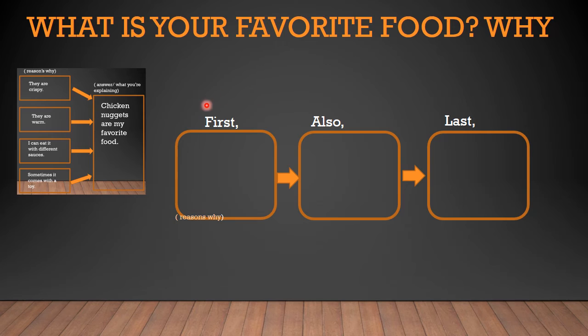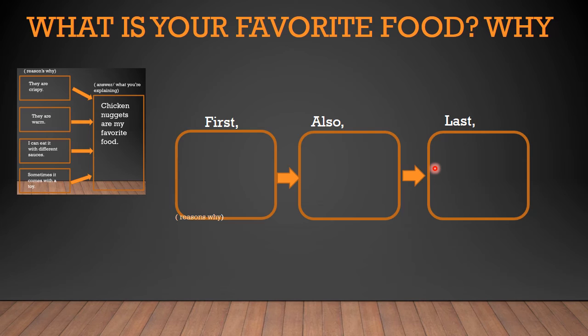So if I look here at my one-sided flow map, I can see I have 1, 2, 3, 4 reasons why. But here on my writing flow map, I only have enough for 1, 2, and 3 reasons why.